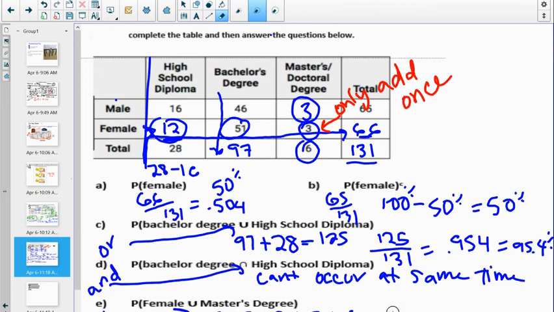Yeah, so 75. Then we have 75 over 131. 75 divided by 131 is equal to 0.57, or roughly 57.7%.